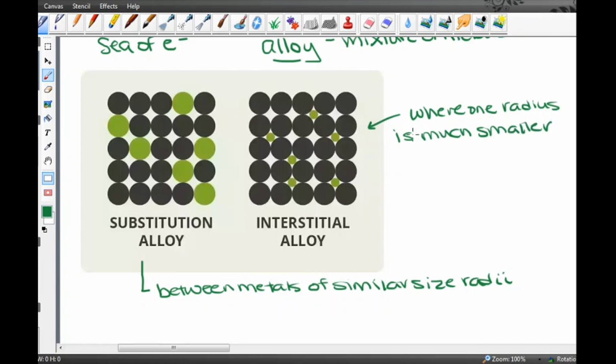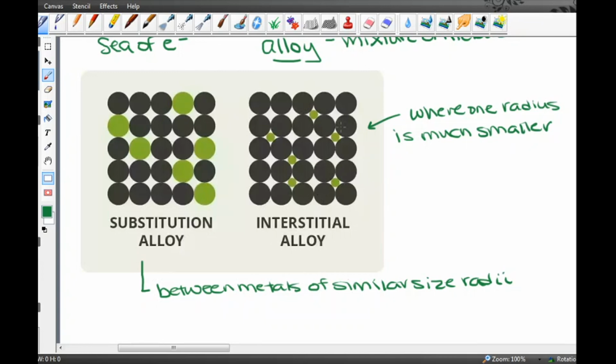And when you have a radius that's much smaller, as you can see, those atoms can actually fit inside or in between the atoms of the other metal, and thus the interstitial, the inter prefix in an interstitial alloy. So it's all about radius size.